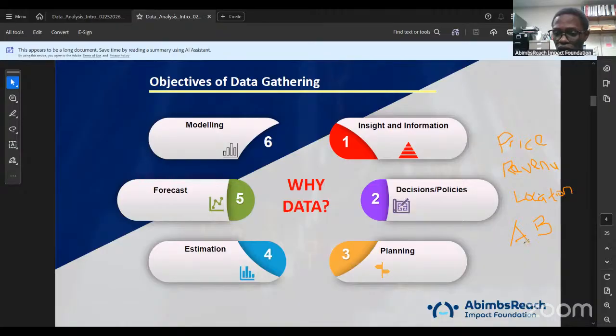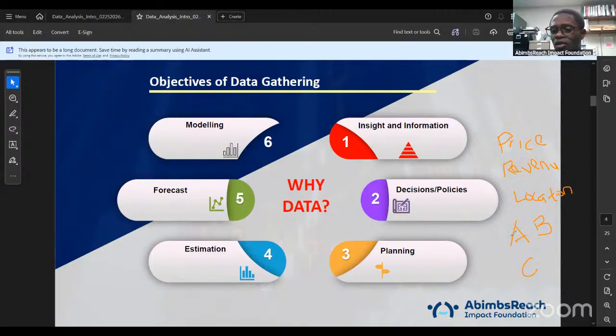Then location C. Then I can look at how the prices in location A differ from location B. You can see that I am moving up from just looking at price and revenue only, or summarizing and describing them.